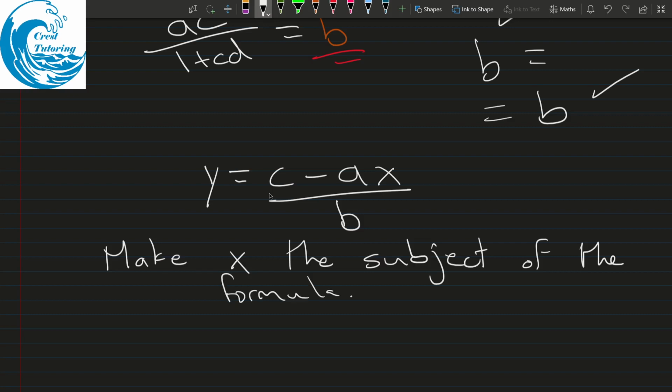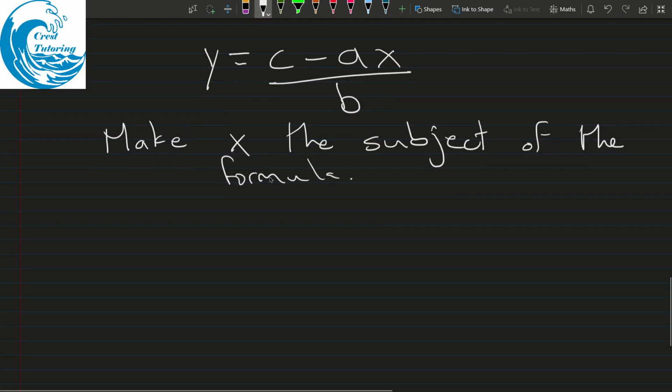So give that one a try, pause the video, go back to the other examples maybe, and give it a try. Once you have it done, then you can unpause it and we'll go through it.